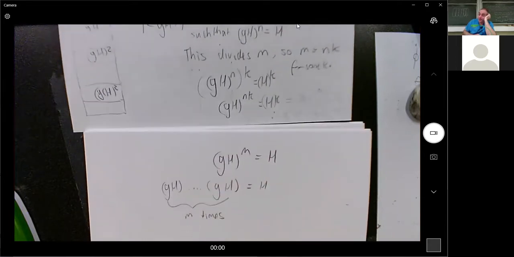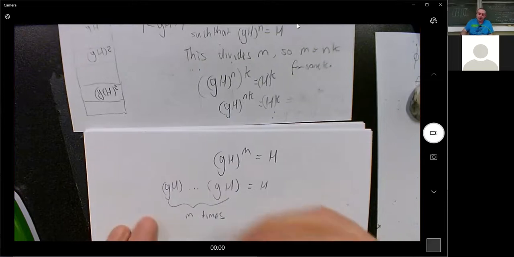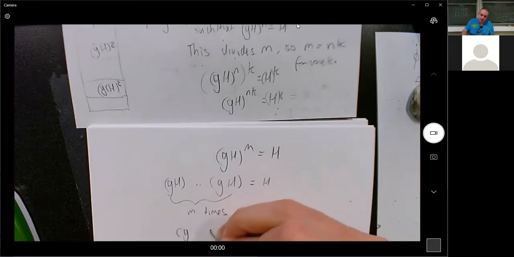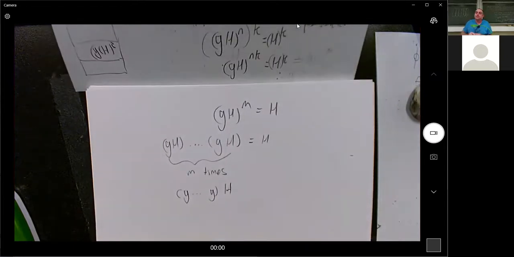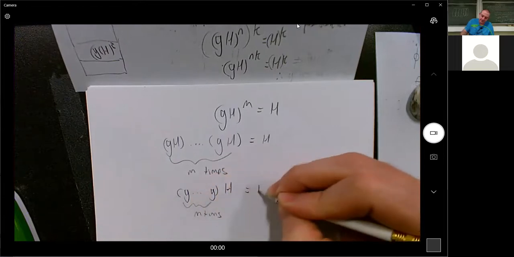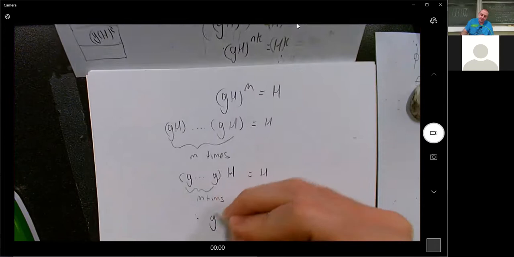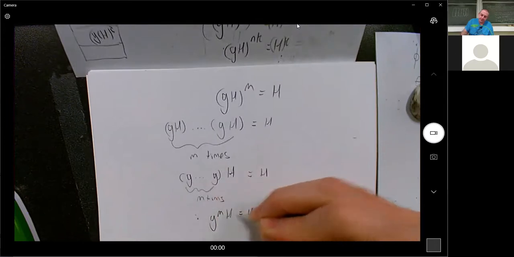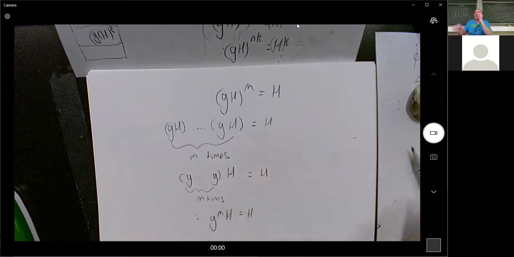And when you multiply two cosets, you multiply the representatives of the coset. And so this is going to be like that. That is how coset multiplication is defined, yes.